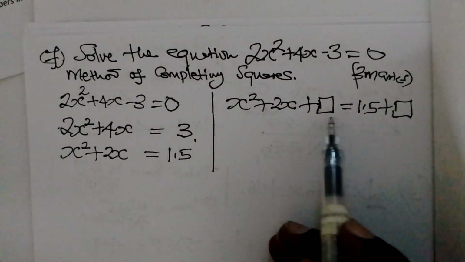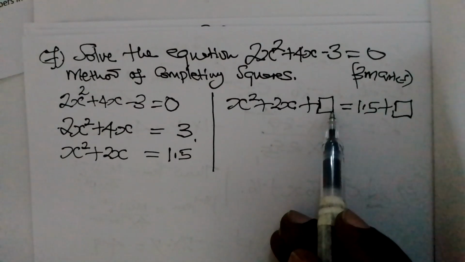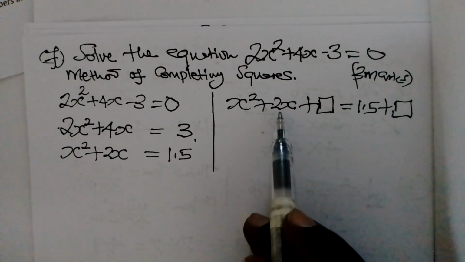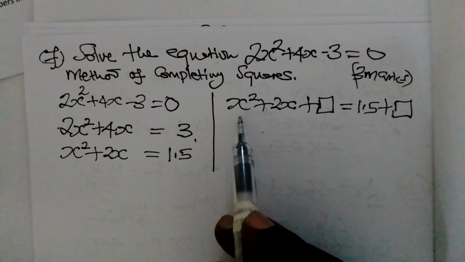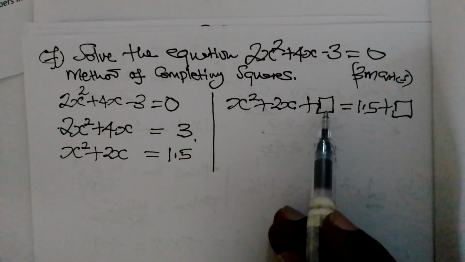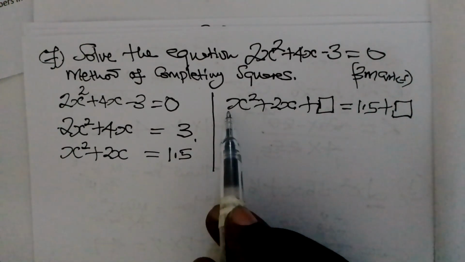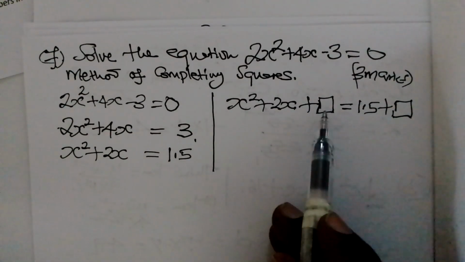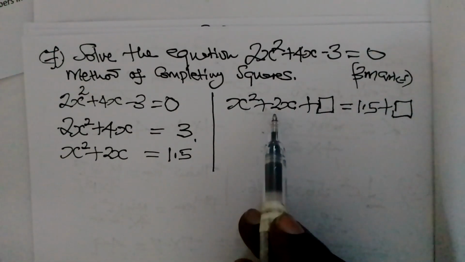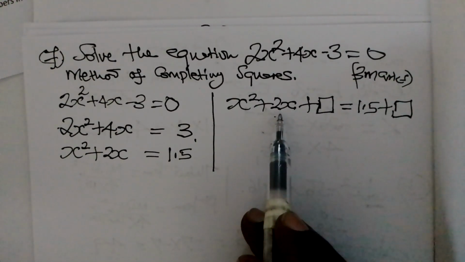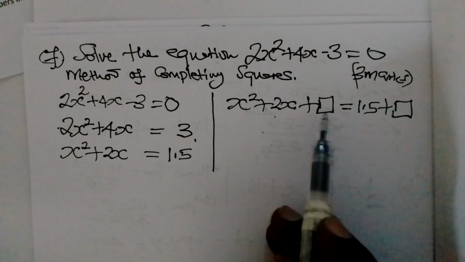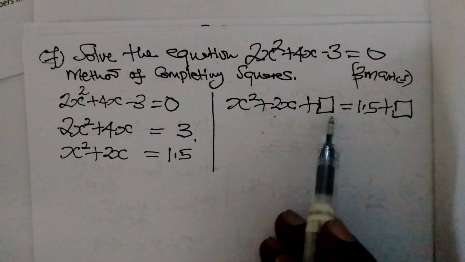We have already seen that the third term is given by the middle term squared over 4 times the first term. Or, to complete this perfect square when the coefficient of x squared is 1, this third term will be given by a half multiplied by the middle term. A half multiplied by 2 gives you 1.